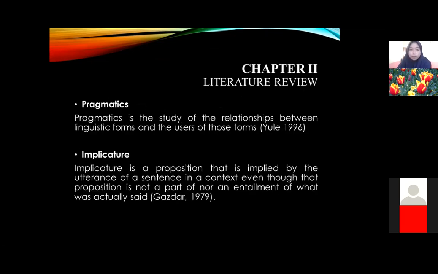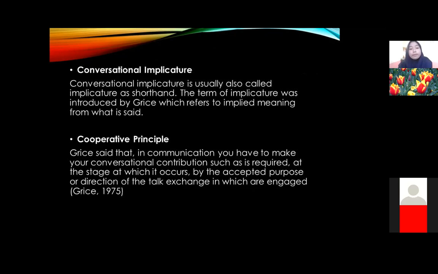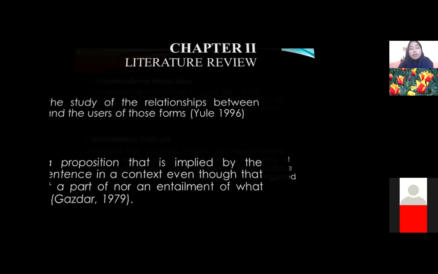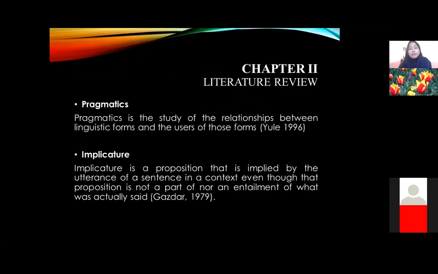In chapter 2, I discuss pragmatics, implicature, conversational implicature, and the cooperative principle. Pragmatics is the study of the relationships between linguistic forms and the users of those forms, according to Yule, 1996.